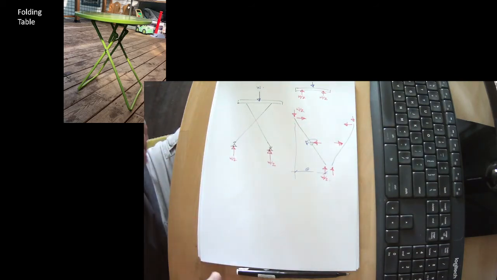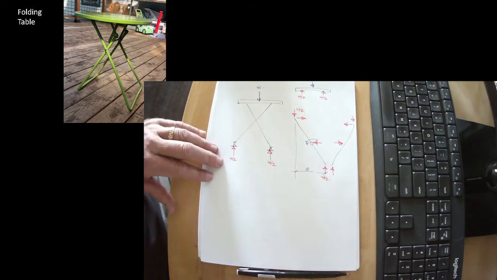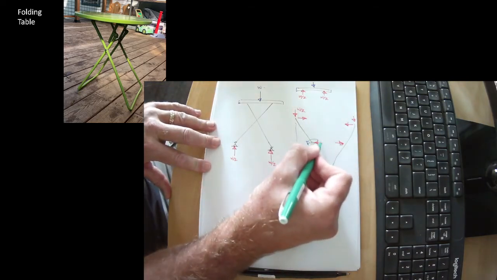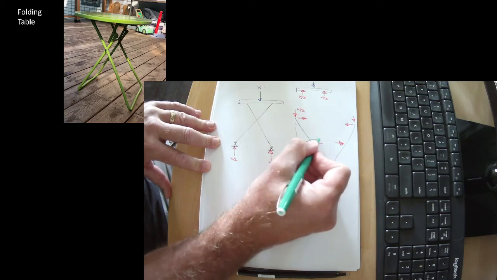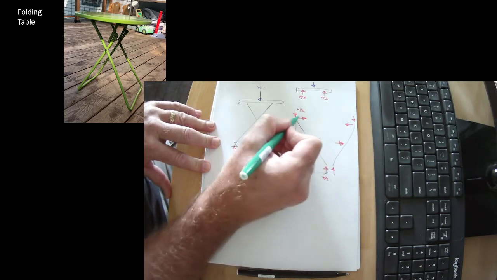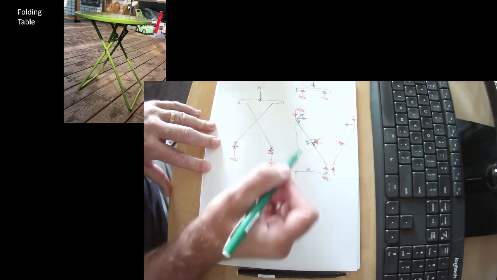Okay, so what does that mean? Well, let's take this force. We know that this force has a component parallel and perpendicular. And this force has a component perpendicular and parallel.